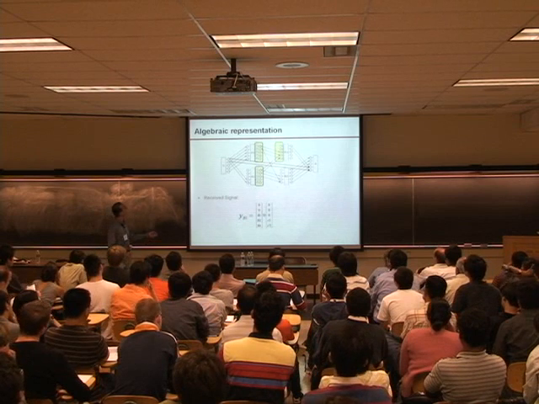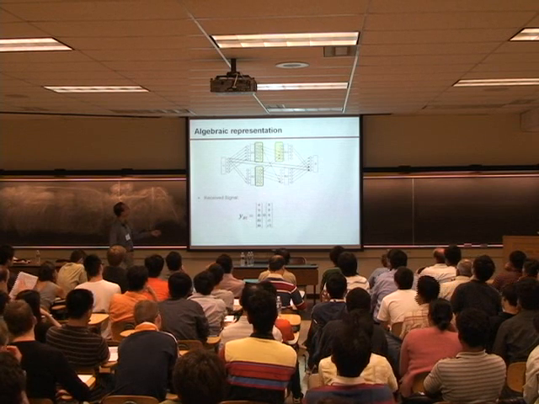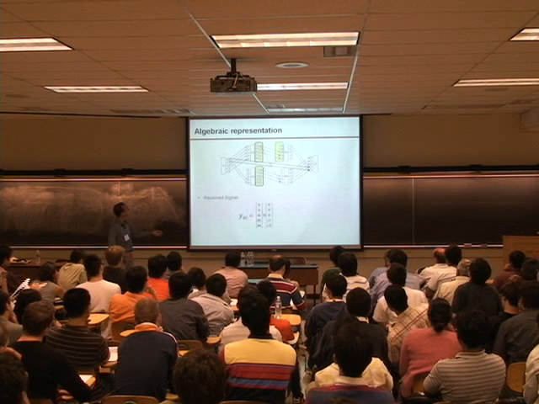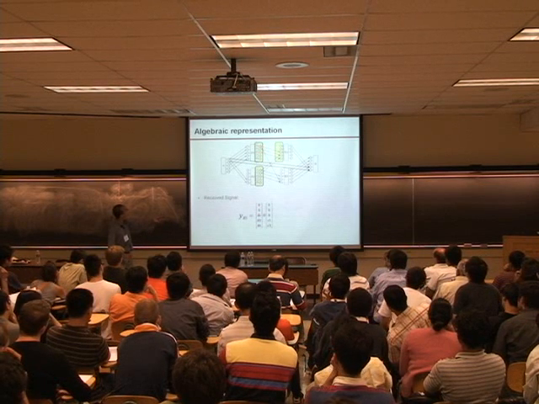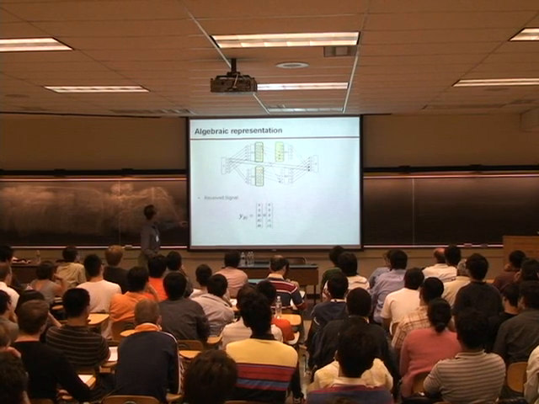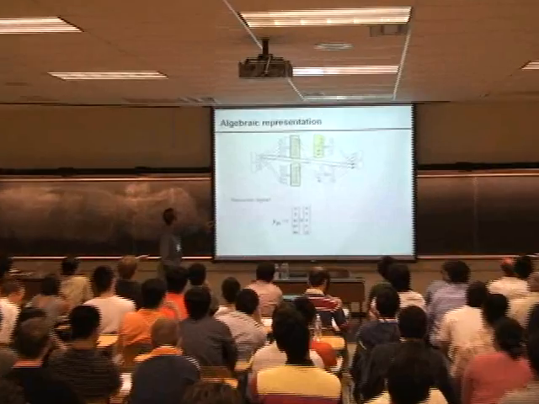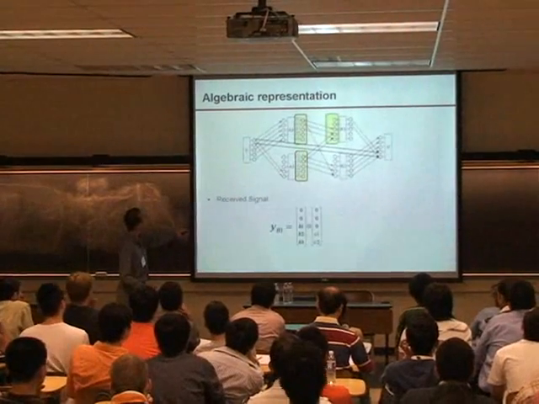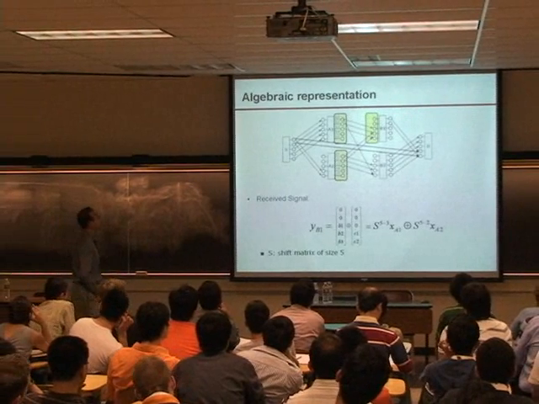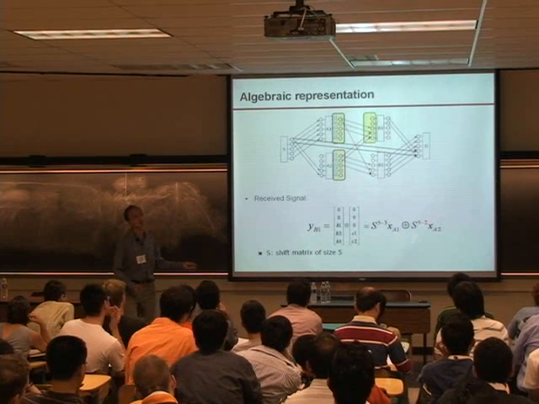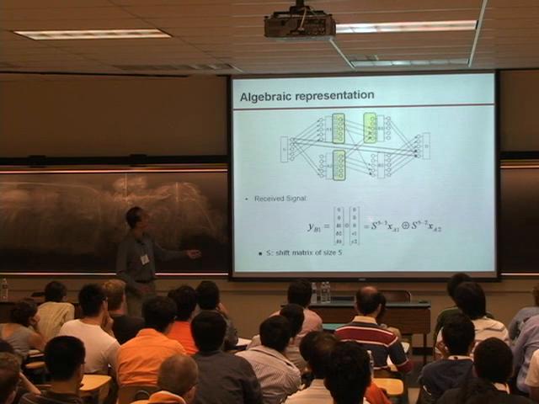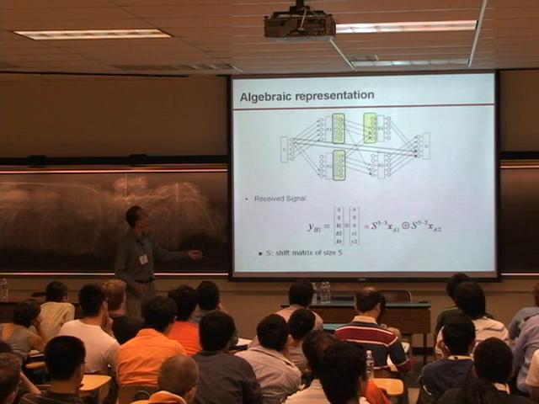If you look at this equation, the receive signal at node B1 is B1, B2, B3 shifted downwards, received at the LSBs, plus C1, C2, which is received from node A2, modulo 2, sum of these 2 vectors. You can write it in matrix form. This is a shift matrix where everything is shifted down by 2. So it's S squared.